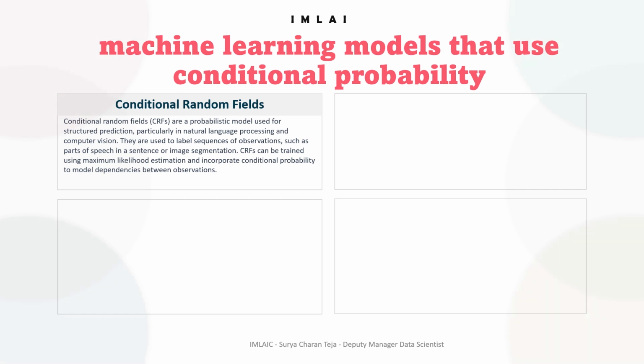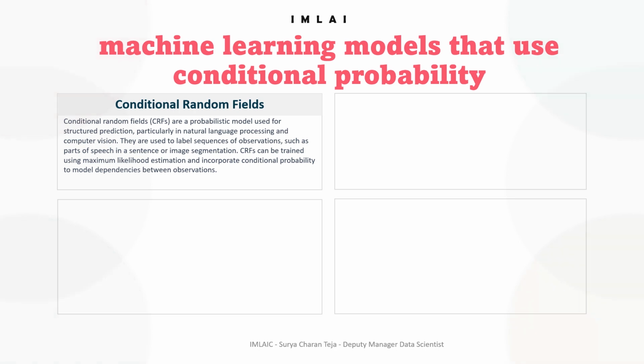I hope you're getting my point. What I'm trying to explain repeatedly is the probability of B given that A: the conditional probability of a sequence of labels given the input sequence. I hope you got my point at least now.